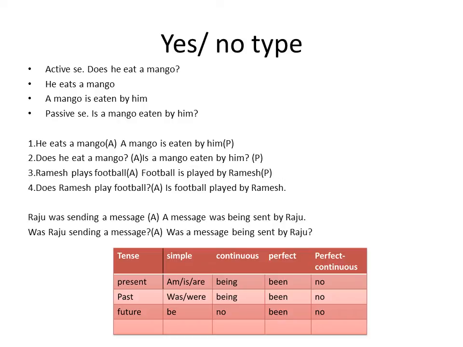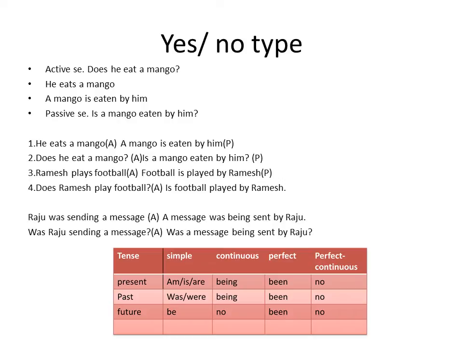Let's see one example in continuous form. Raju was sending a message. It is an assertive sentence. In an examination the sentence will be given like this: Was Raju sending a message?